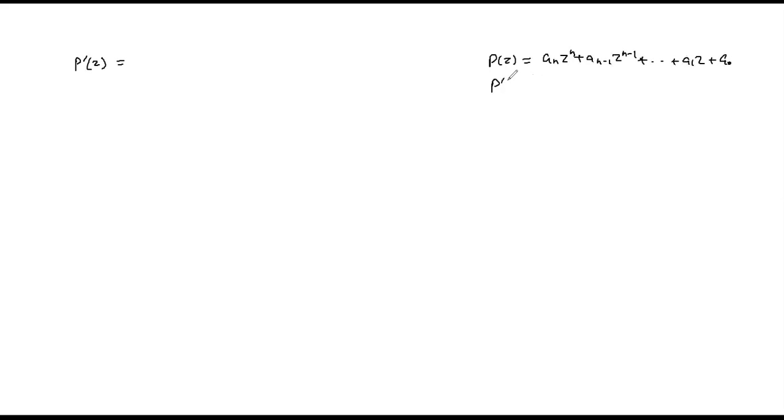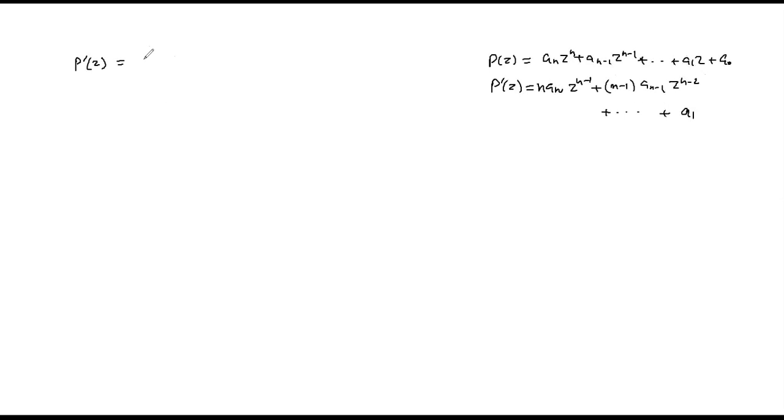So p dash z is also equal to n times a n z raised power n minus 1 plus n minus 1 into a sub n minus 1 into z raised power n minus 2 plus so on and so forth into a1, right?